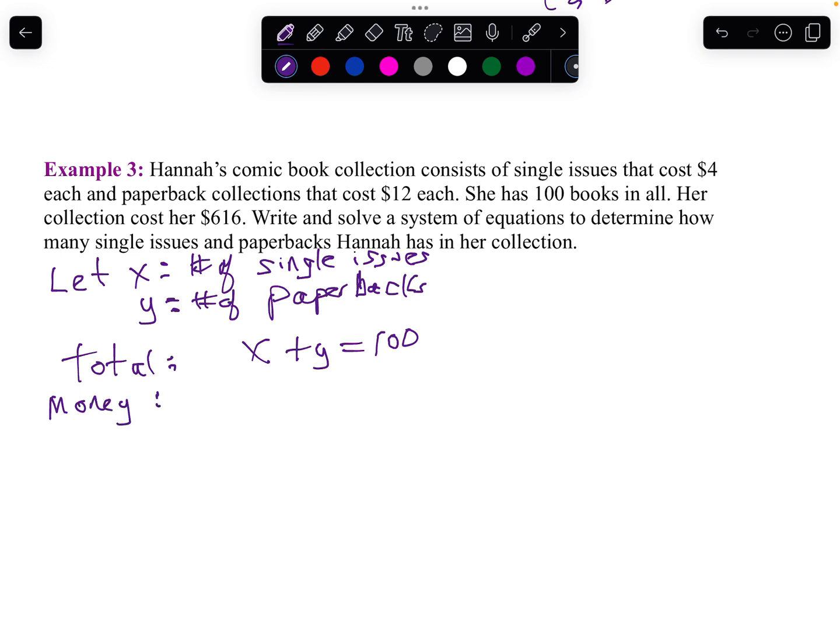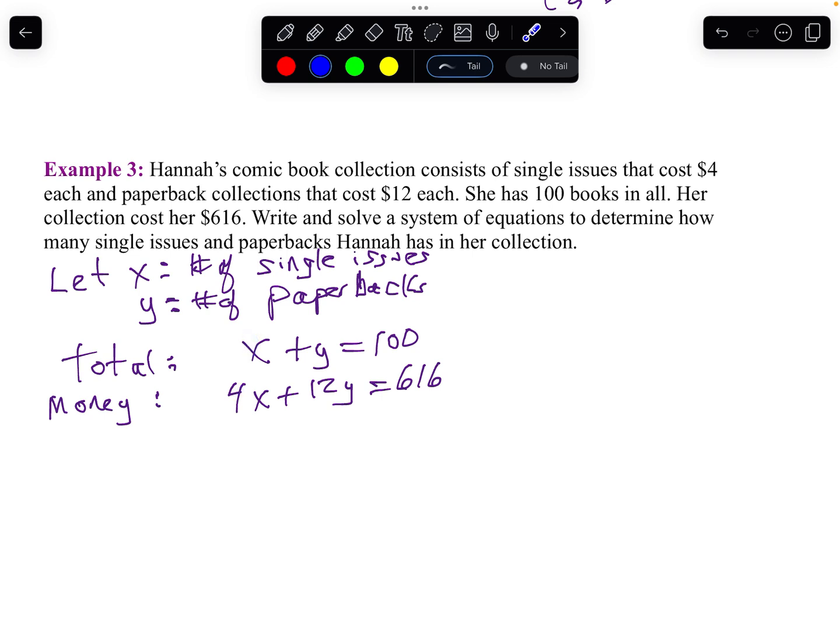We know single issues cost $4 each. So I'll go 4x. Paperbacks cost $12 each, plus 12y. And then her total is 616. I can get rid of whatever letter I want. I'm going to get rid of x.